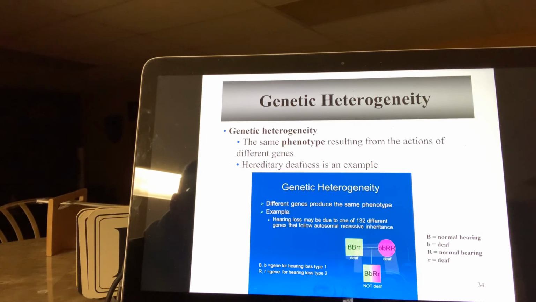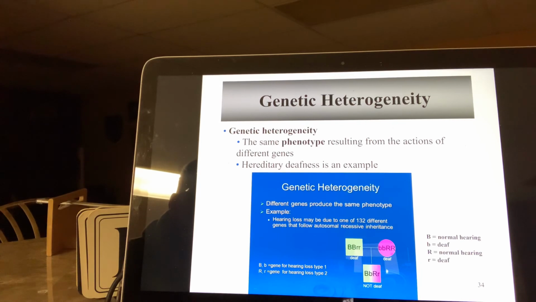So if this is a deaf male, because this is square, and this is a deaf female regarding these traits, and they have children, this one is going to give a dominant allele, and this one is going to give a dominant allele here.